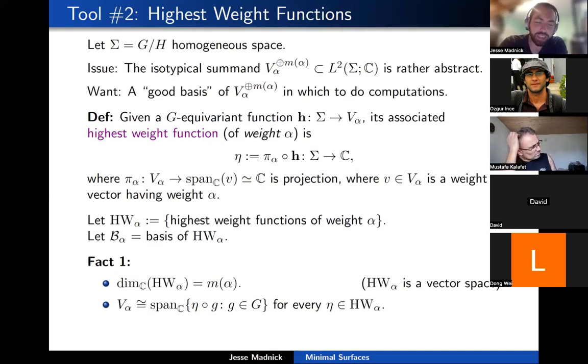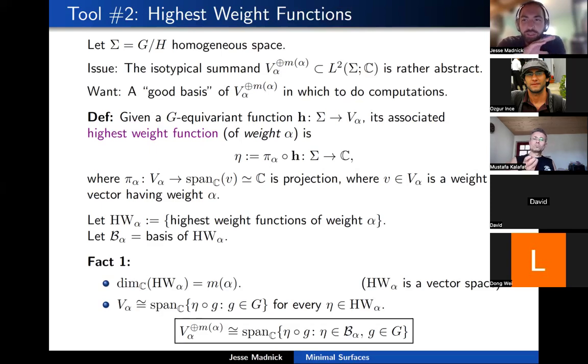And the second thing that's great is that if you fix a highest weight function, let's say eta of weight alpha, and then you look at all the functions you get by taking linear combinations of eta circle g, where g ranges over all elements in big G, then that G module is isomorphic to V alpha. So if you put those two together, what you find is you get a very concrete description of these isotypical summands.